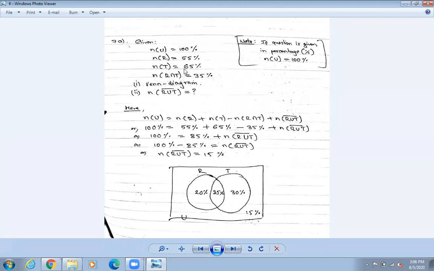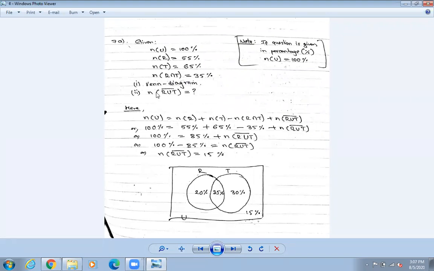Number 7 question in your book: from your book you can see this 65, 55, and it was written that 35% like to listen to radio and also like to watch television. That is, 35% is the intersection. If they like to do both of them, then that is called intersection. Intersection is 35%.